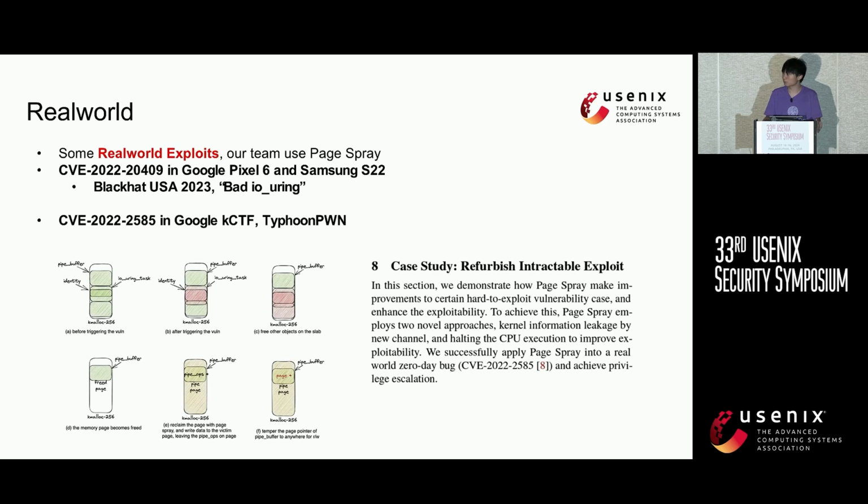And there is another talk at Black Hat USA last year named Bad IO Uring, which also talks about page spray. And we also use real-world CVEs in Google KCTF and Typhoon Pong. And in the case study part, we talk about how page spray can be used to facilitate some intractable exploits.